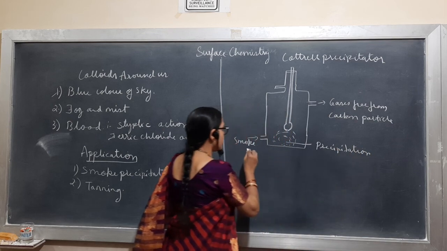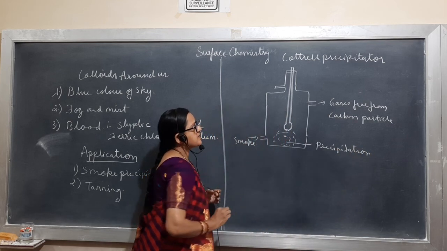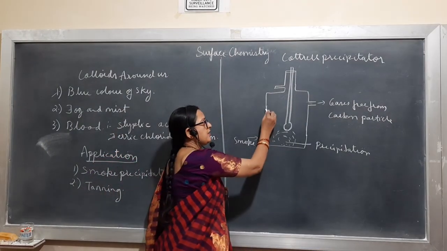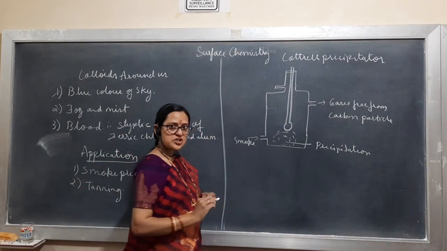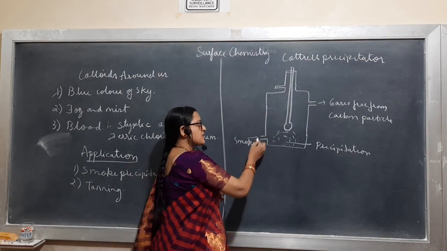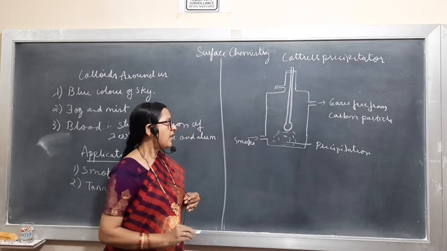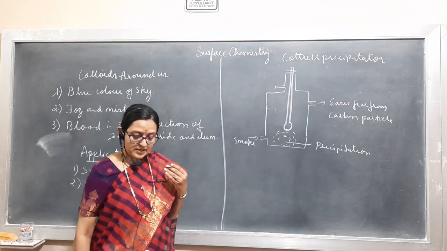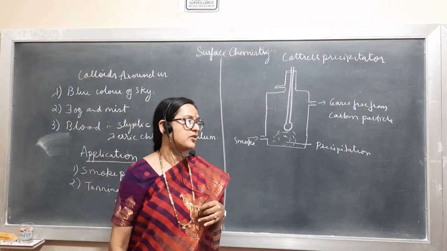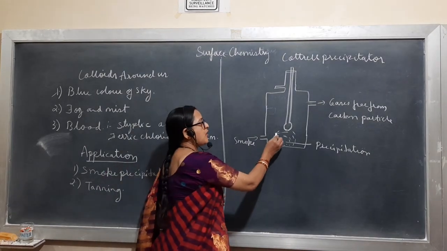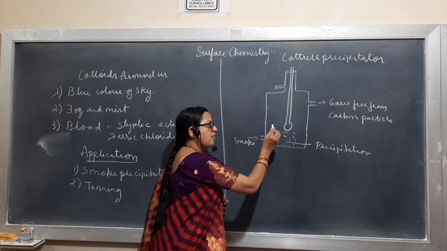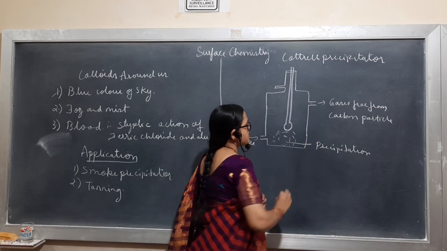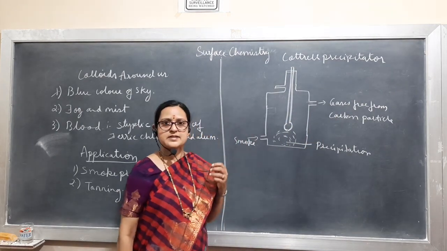How does it happen? The smoke is allowed to pass through this Cottrell precipitator. The plates are charged with a charge opposite to the smoke particles. Due to this, there is mutual neutralization, leading to coagulation and precipitation, and carbon is removed from the gases, and gases free from carbon particles are released.